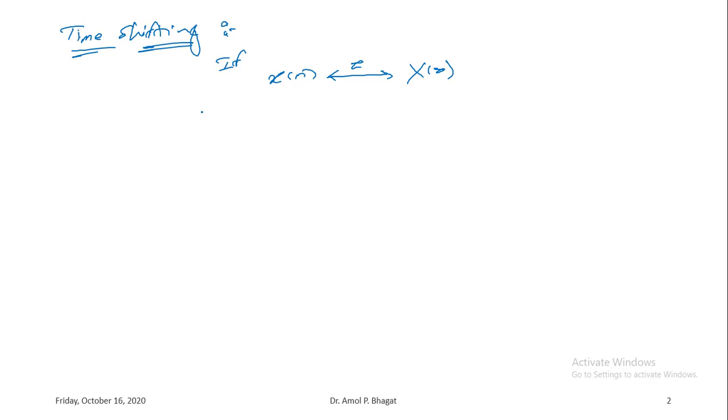So in case of the time shifting property, if a discrete time signal x of n has the Z transform capital X of z, then if we are shifting this discrete time signal x of n by k samples, that is x of n minus k, we'll have the Z transform as z to the power minus k into X of z.